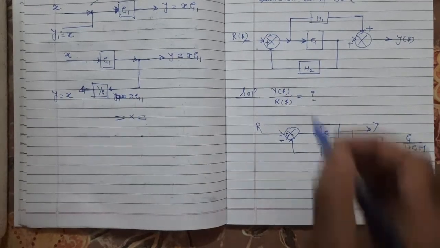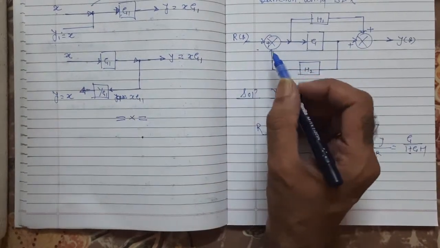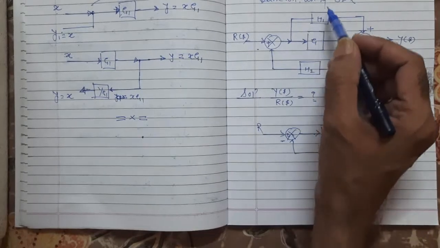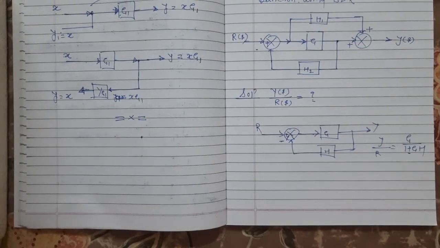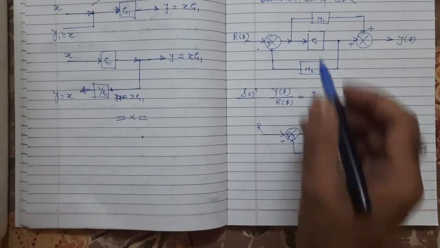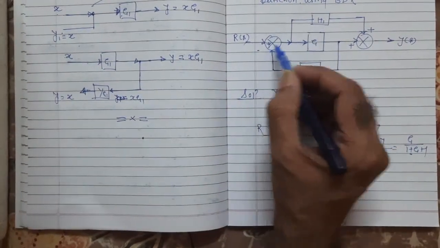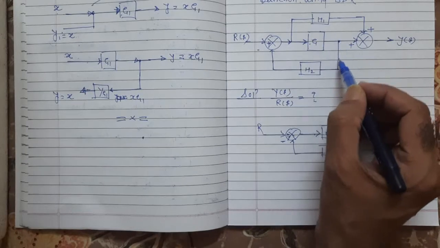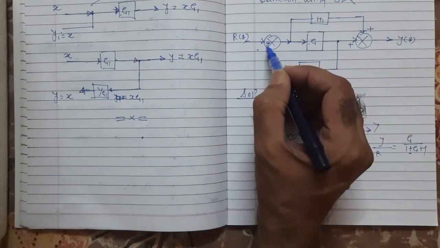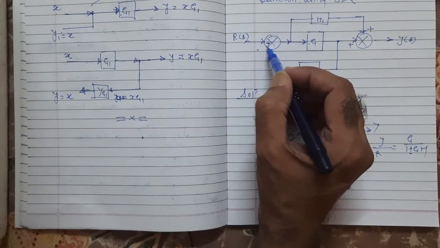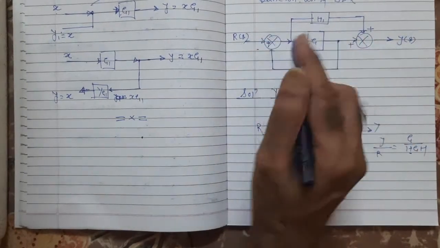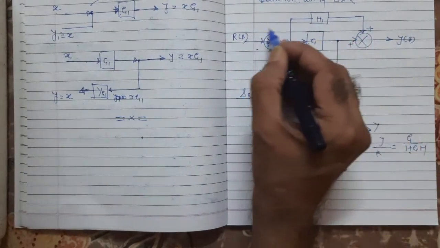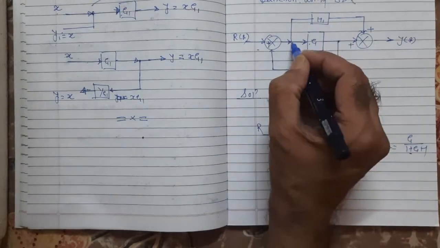Now see here, in this system, one gain is given and two feedbacks are given. This is the gain, this is the one summing point, this is the gain, and after this, again this is given back to the summing point. If we compare this system with the standard one, here this is the additional one.